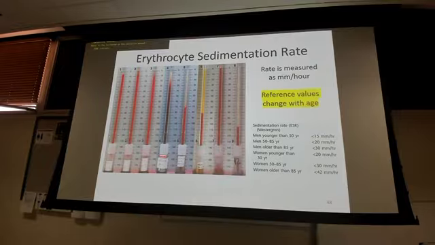And so those abnormals, depending on the gender and the age, could be what? 4, number 5, you say that's like at 70. Number 6 is at 80. Number 8, 105. All right. So ESR will change depending on gender and age and some other factors.